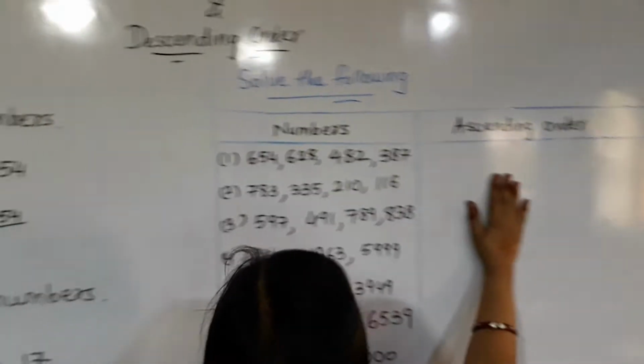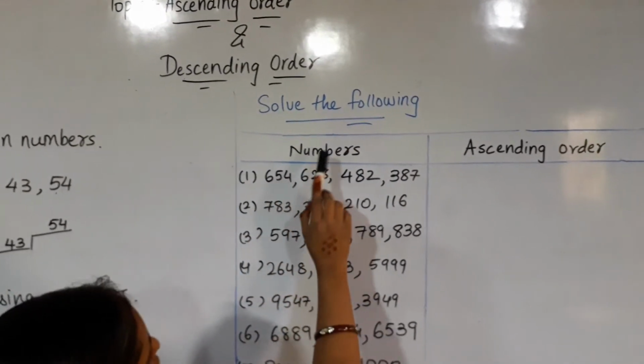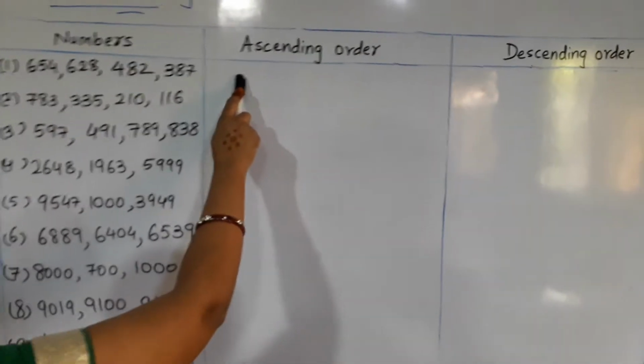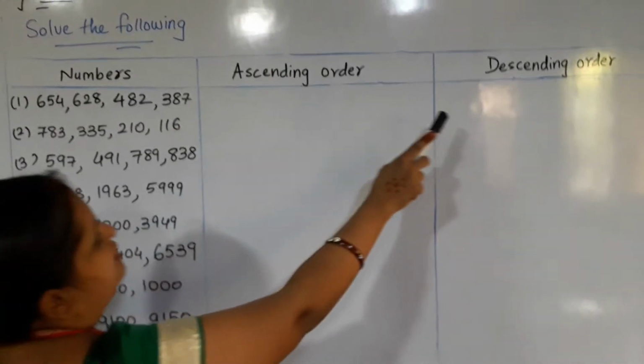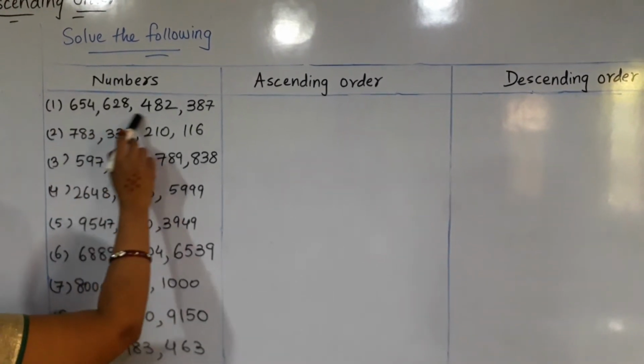Now you see here, I have made one table. Here, solve the following. Here I have written numbers. There are many numbers, and we have to put them in ascending order and descending order. See here, I have written 3-digit numbers.